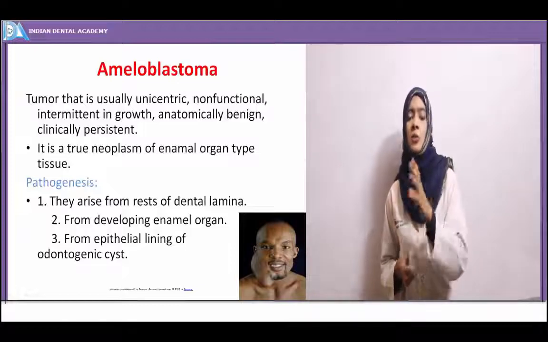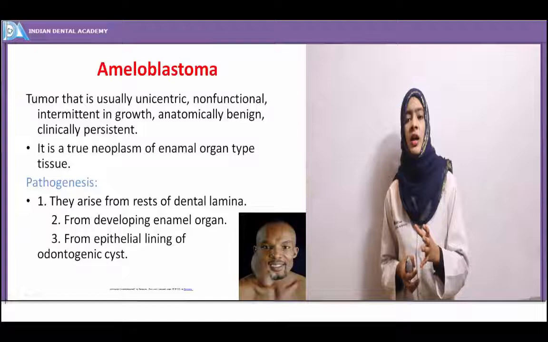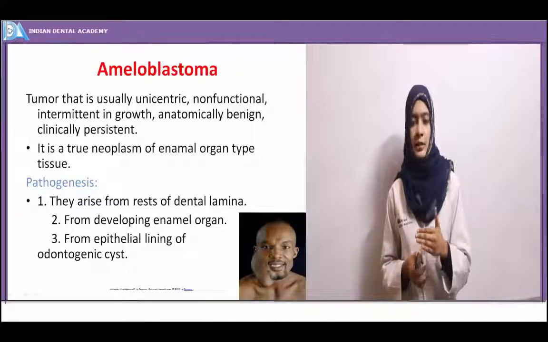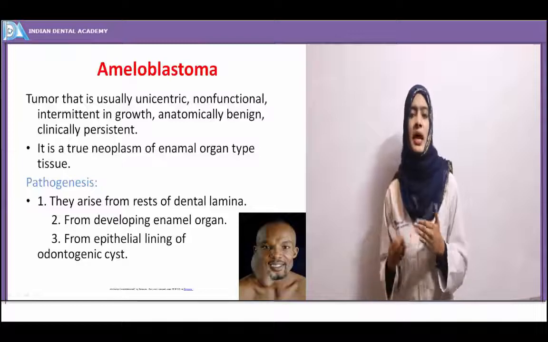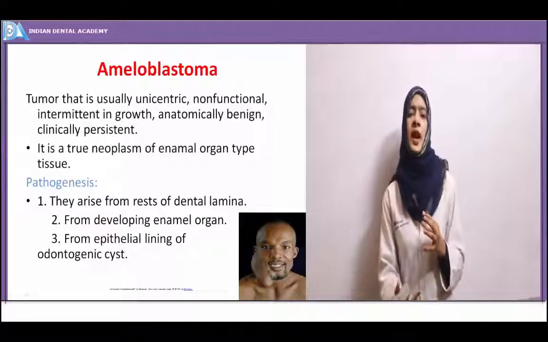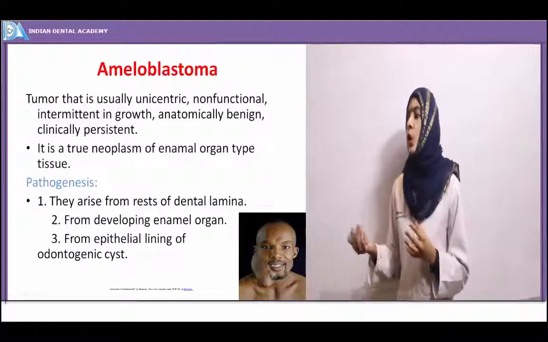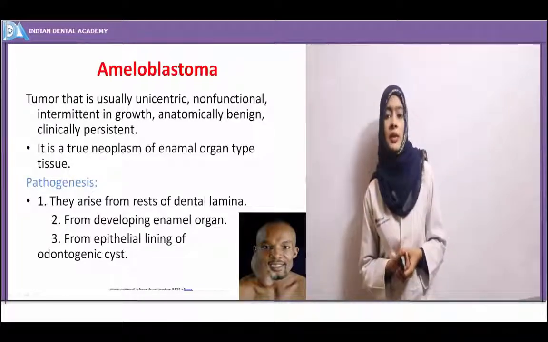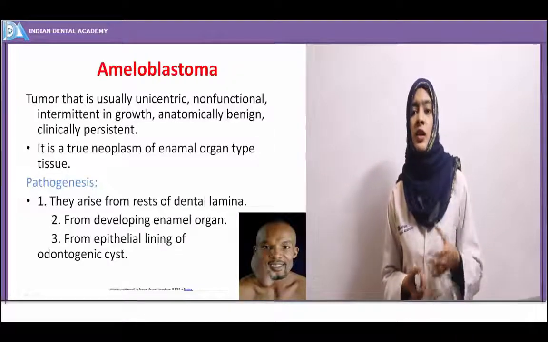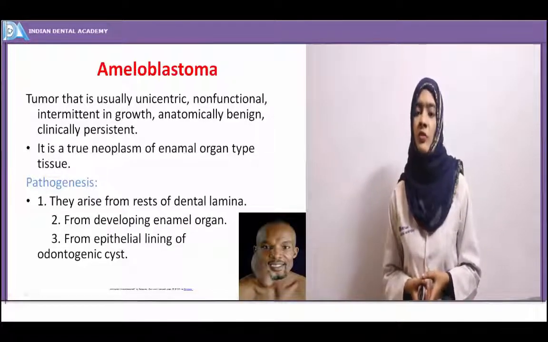The most common variety giving rise to ameloblastoma is the enamel organ type tissue. As the name indicates, the tumor involves the ameloblast or ameloblast-like cells.